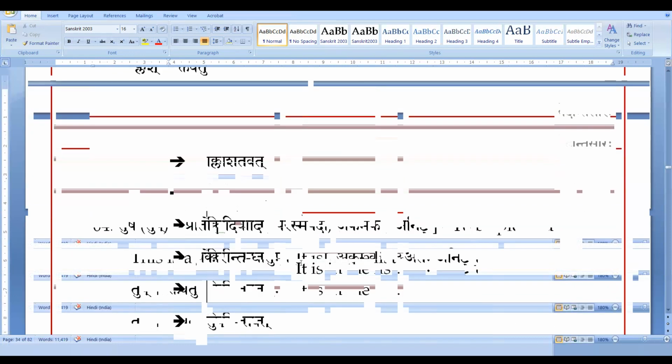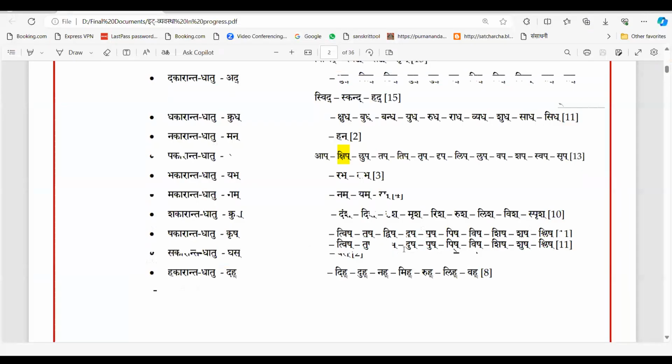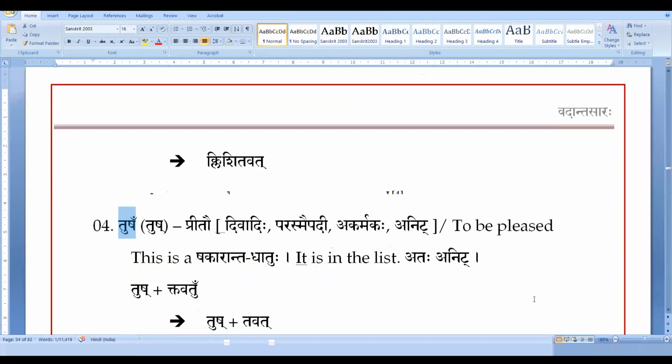Okay. Then Tush dhatu. This is also not a Udit dhatu. It is a Shakaranta dhatu, and is it in the list? Yes, Guruji, it is in the list. Therefore, it must be an Anit dhatu. Tushyati, which gana is that? 4th gana, Yakaram is there. Why did I think it was 10th gana?